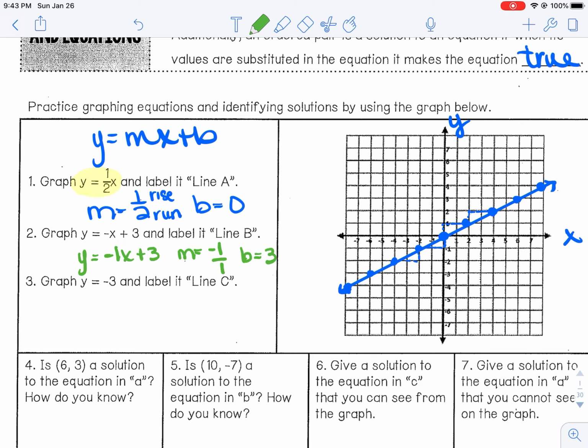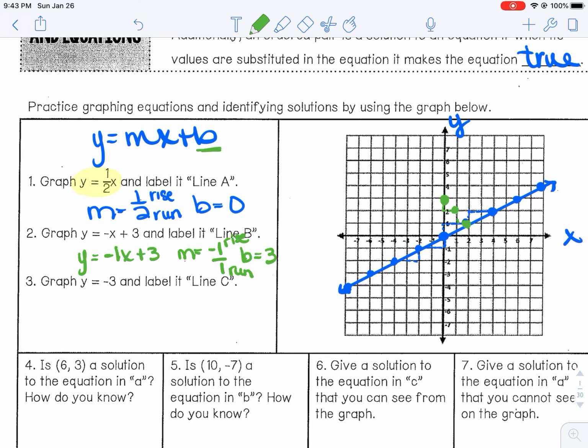So we will start at positive 3 on the y-axis. Always start at that last point there. Our slope is negative 1 over 1, so our rise is negative, and our run is still to the right. So that negative sign just means opposite. So instead of going up 1, I will go down 1 unit, but I'm still going to run to the right 1.